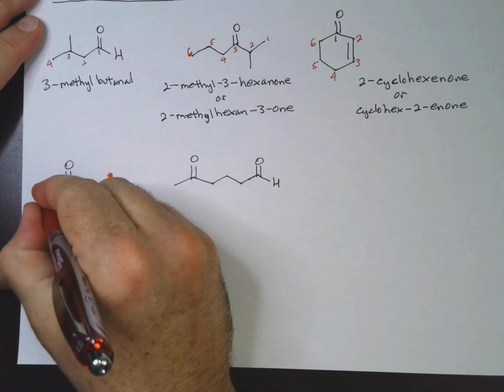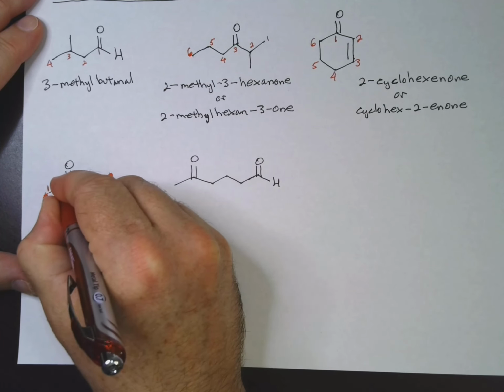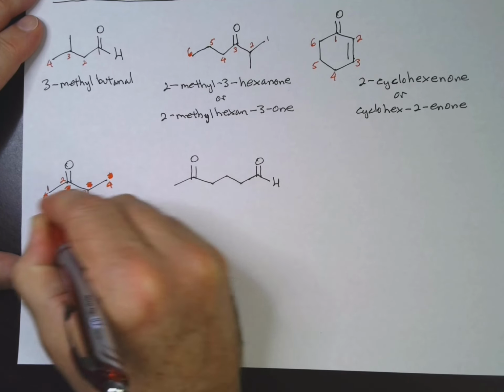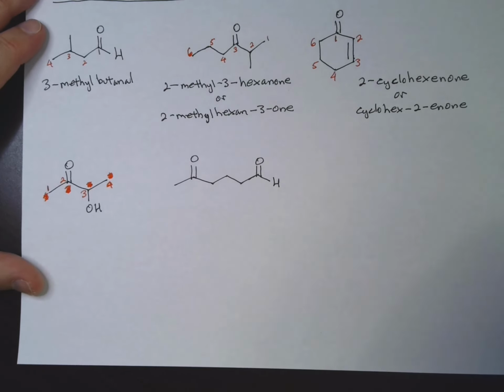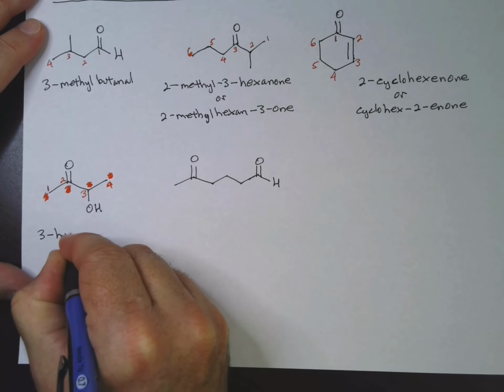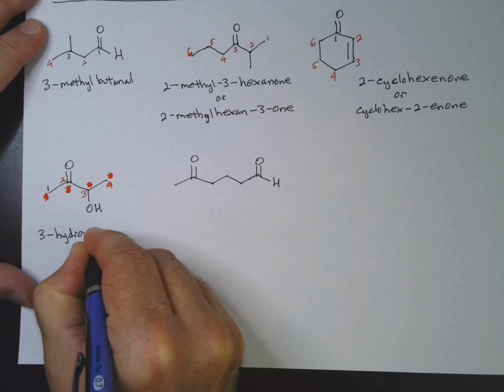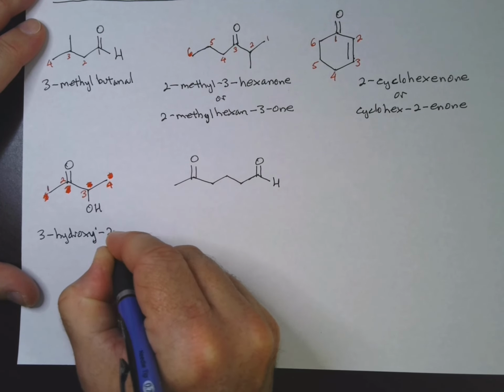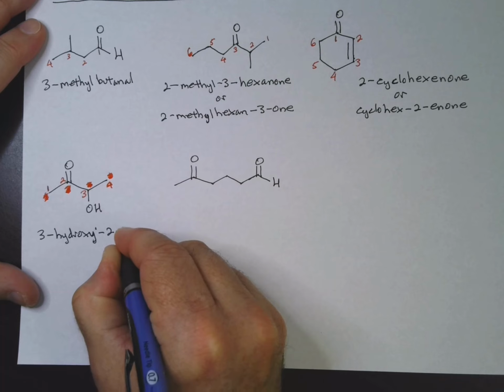I want to number closest to, or the end closest to the carbonyl. So I should start numbering over here. So now this is 3-hydroxy 2-butanone.